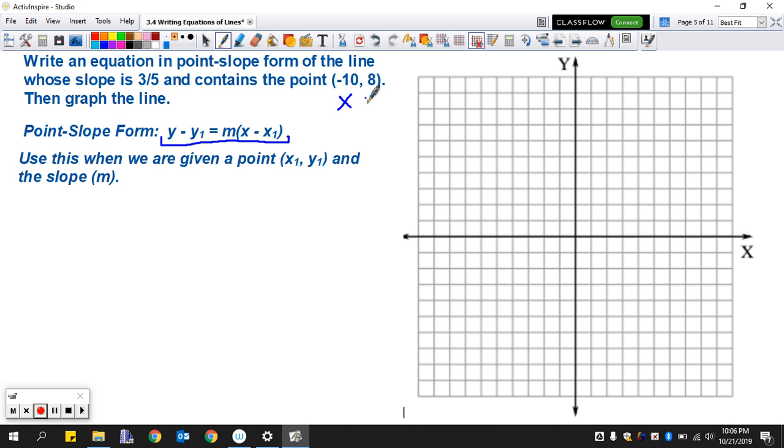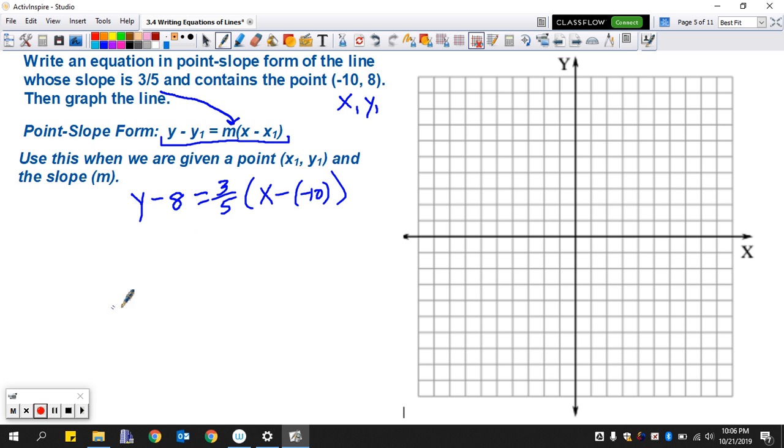So we label our points x1, y1, and we know that this 3/5 comes over to the m. So we have y minus y1, which is 8, is equal to 3/5 times x minus x1, which is negative 10.